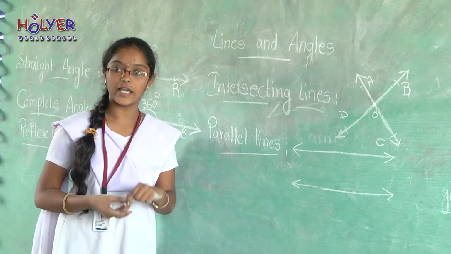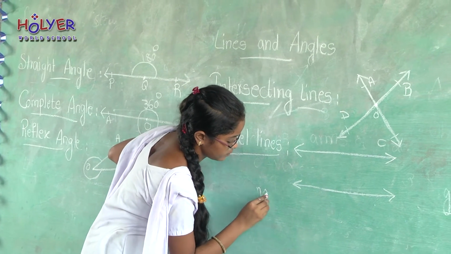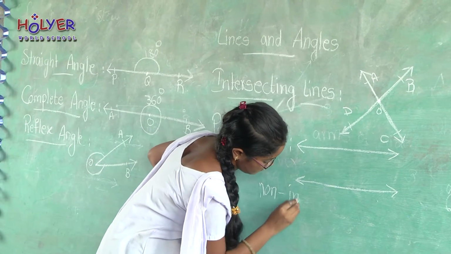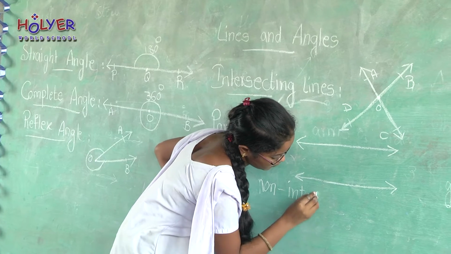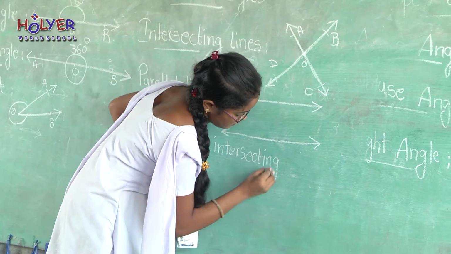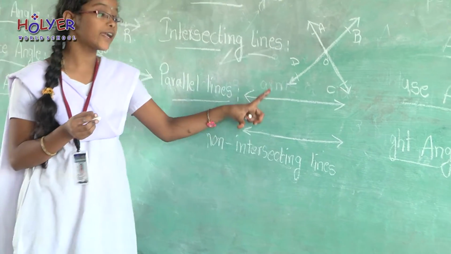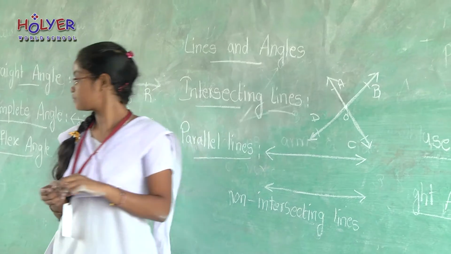And they are also known as non-intersecting lines, because they do not intersect at a point.